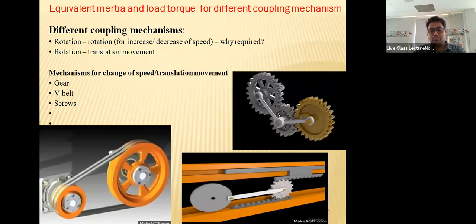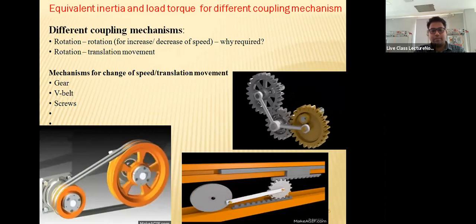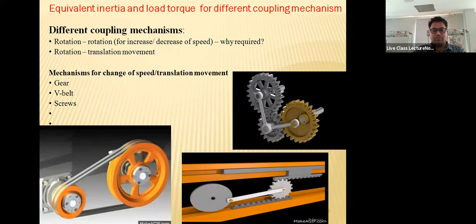It is most preferably a synchronous motor. Why is it synchronous? Synchronous is what? The field is rotating at some speed, ns, and the rotor is also rotating at some speed, nr.